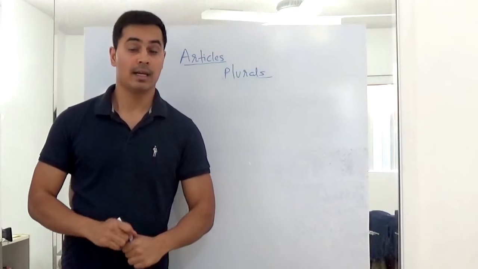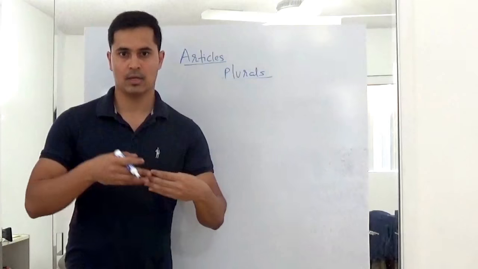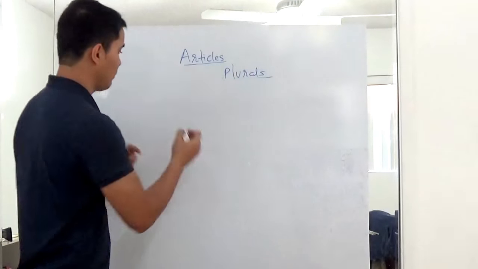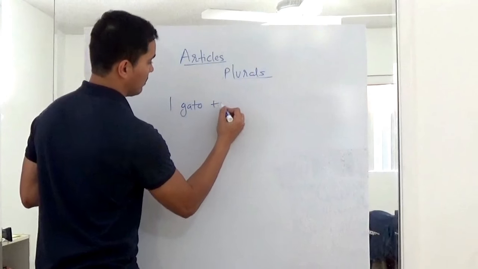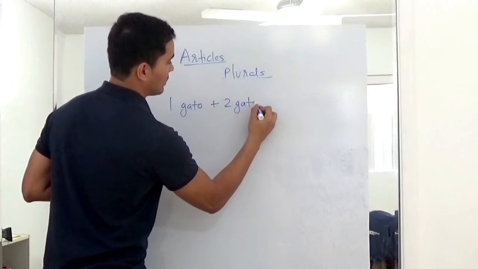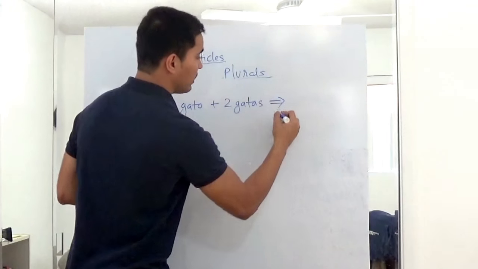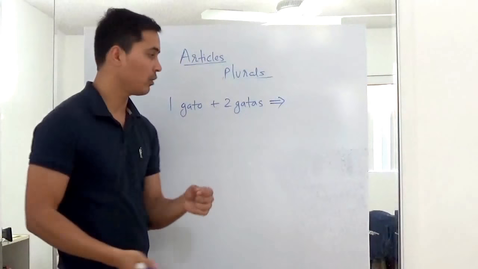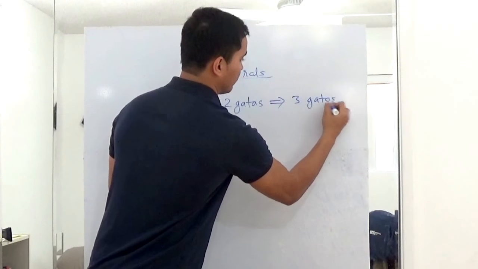That's because in Spanish, if you have a group with mixed gender, for example, one gato, that is one cat, plus two gatas, two female cats, and you have to call them collectively, you'll say tres gatos.